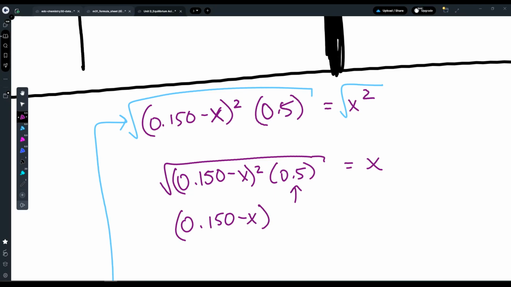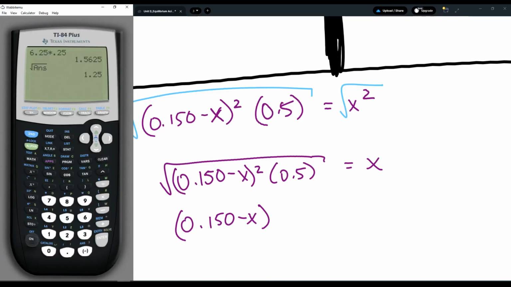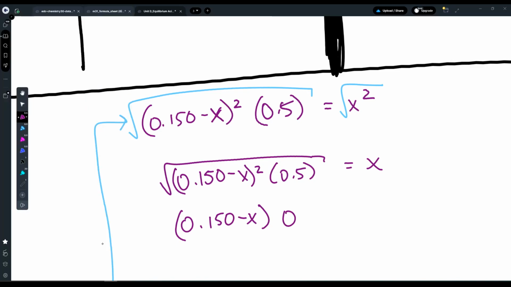Now we need to figure out what the square root of 0.5 is. Okay, so it's 0.7071, goes on forever.